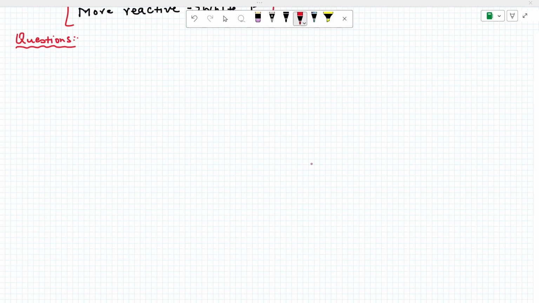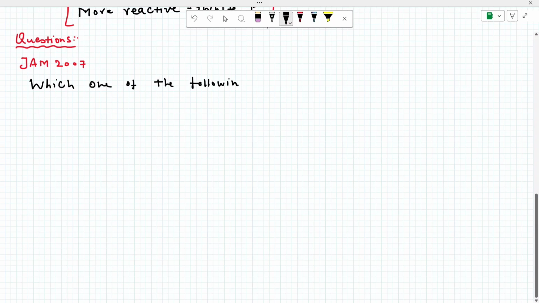See the first question, the JAM 2007 basic question. Try to answer. Which one of the following species is not isoelectronic with carbon monoxide?